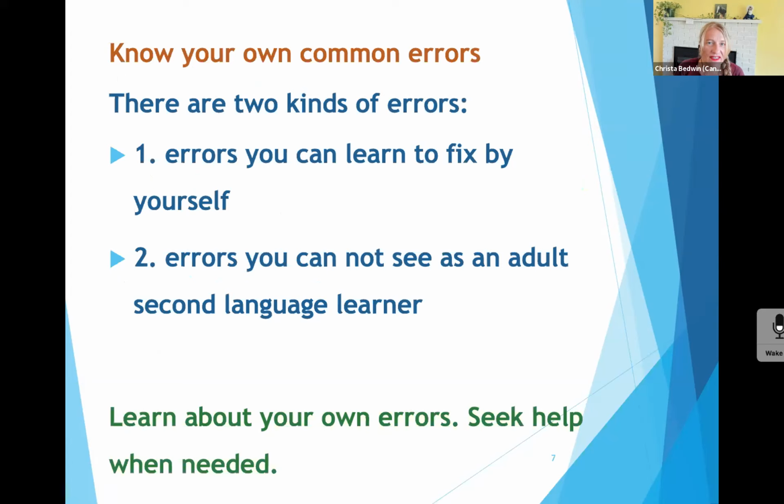Okay, so I have one piece of homework for you, which is that you should begin a procedure, if you are writing in English, to learn your kinds of errors. There are 2 kinds of errors in a second language, or maybe it's your third or your fourth language. You can learn to fix some of them by yourself. And there are other errors that, like for me as a French speaker, I think I will never finally get the masculine and feminine correct, maybe by the time I'm 80 years old.